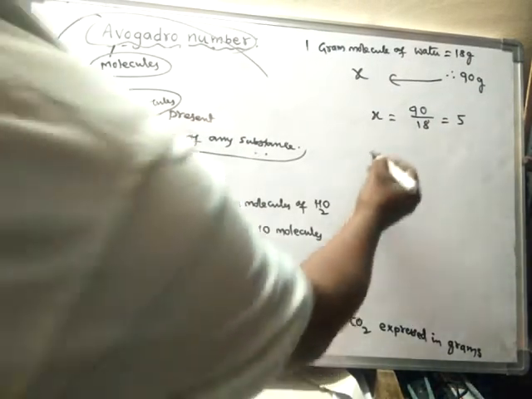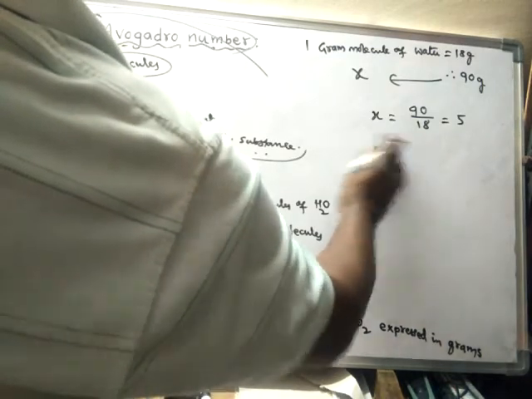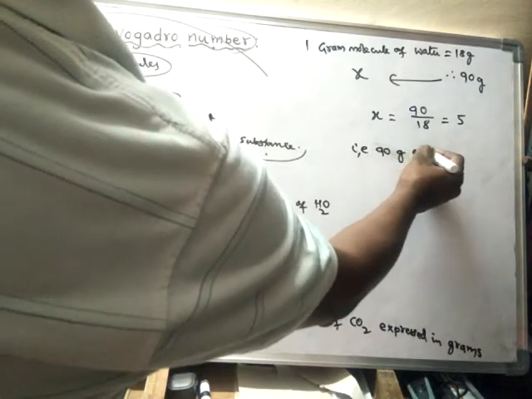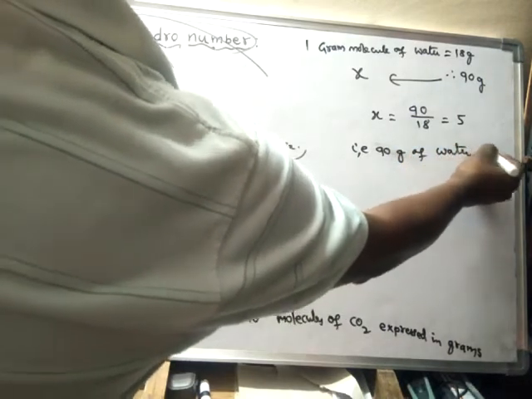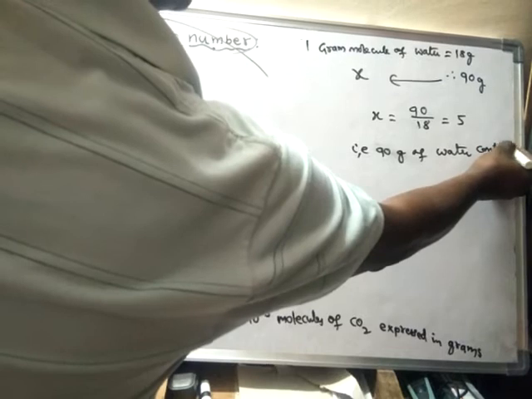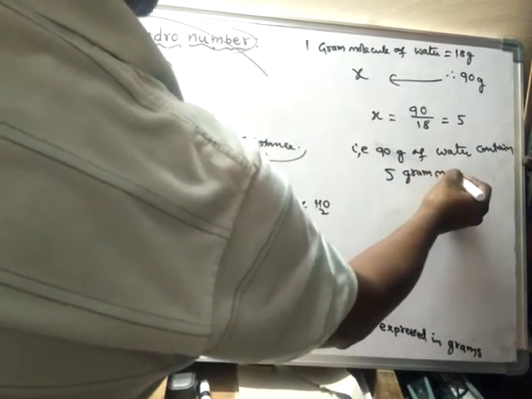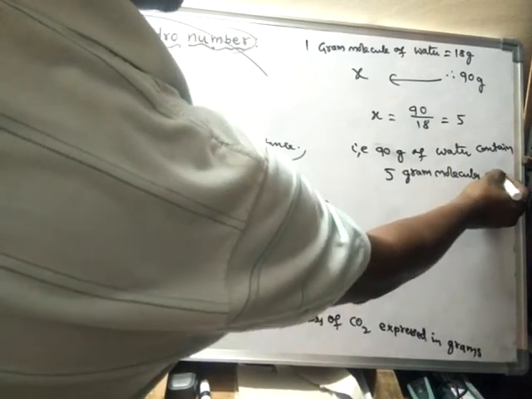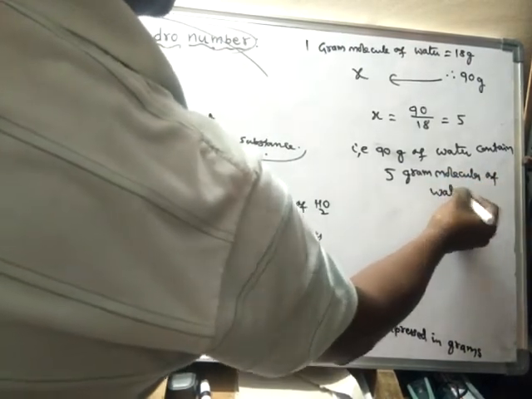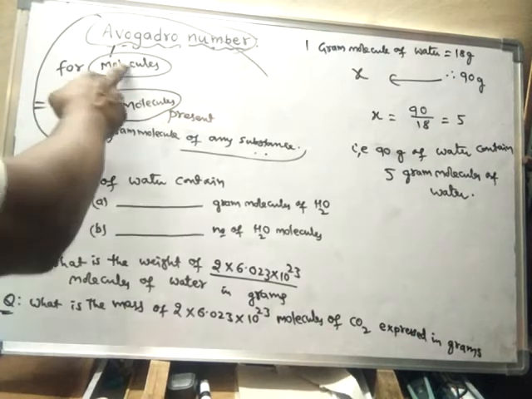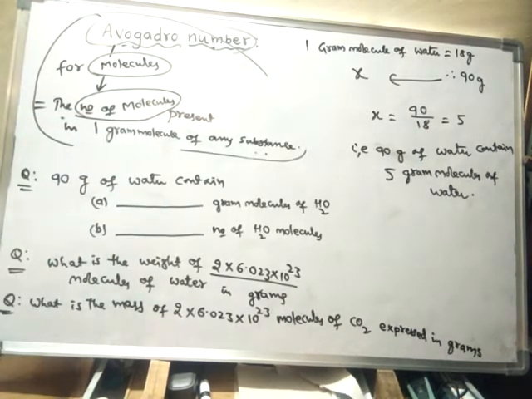So 90 grams of water contain 5 gram molecules of water. Okay, so like this we can calculate. For molecules we will use this concept.